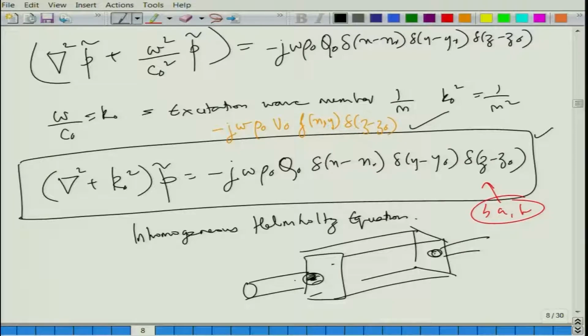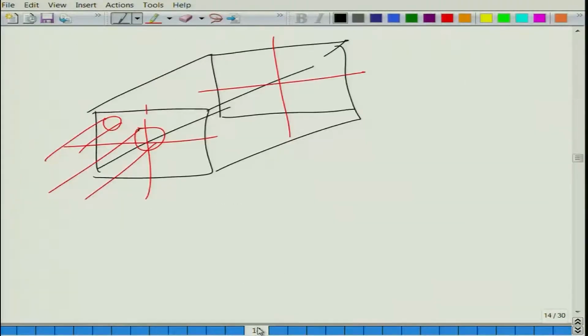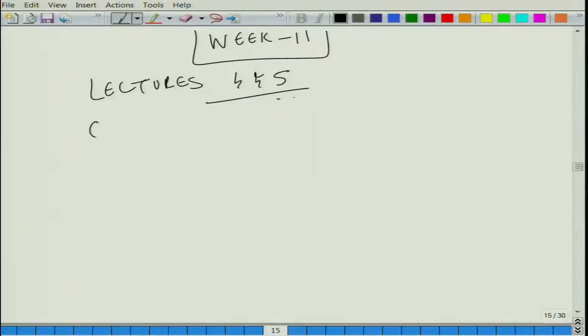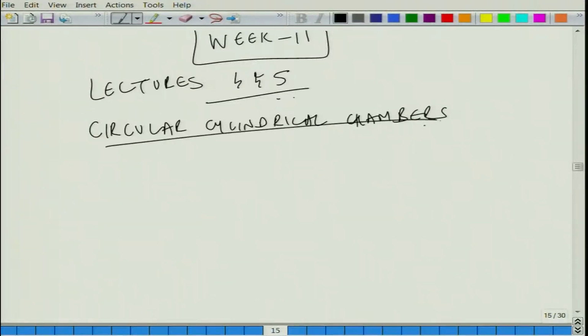Now, the key thing for this lecture, for a circular cylindrical chamber, is that we need to make some subtle changes. We need to make some important changes to the governing equation.